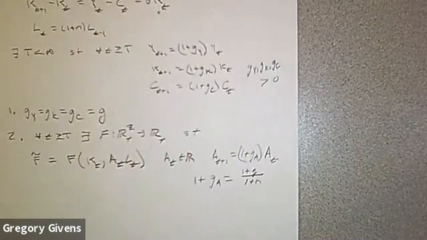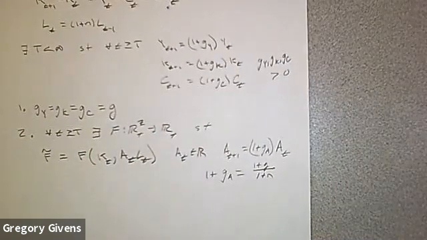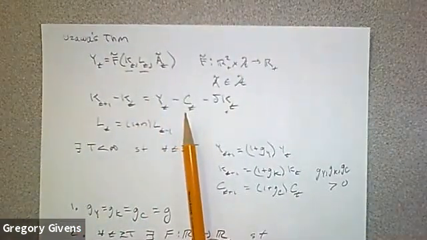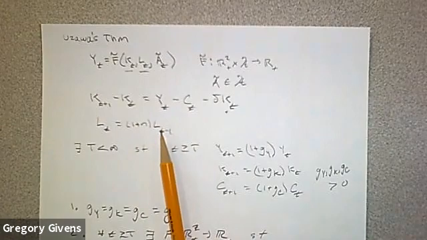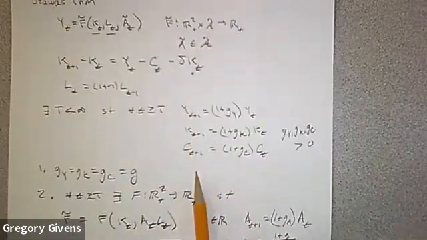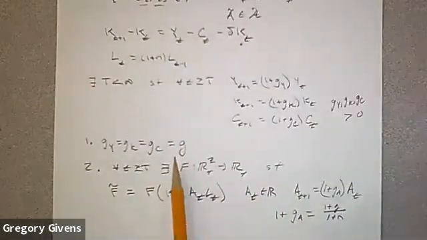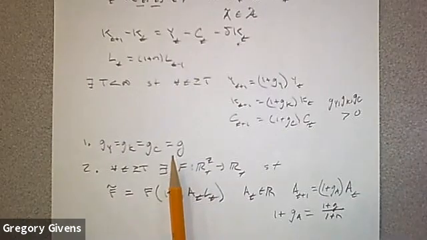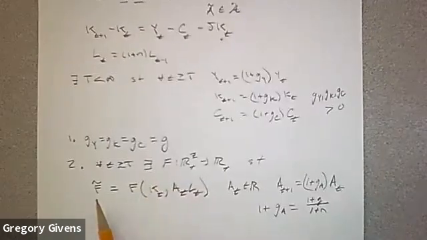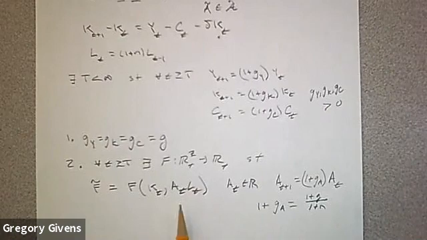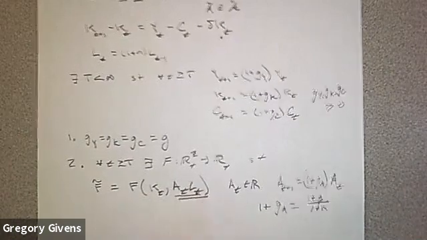Now, let me stop there and make sure everybody can interpret or digest what I've just said. If the production function is constant returns to scale in capital and labor, if it exhibits this resource constraint, which is standard, has constant population growth, and if output, capital, and consumption eventually grow at constant rates, then it must be true that those growth rates are the same, that is, the model exhibits balanced growth, and most importantly, the production function f tilde has a form that must be represented in terms of labor augmenting technology.